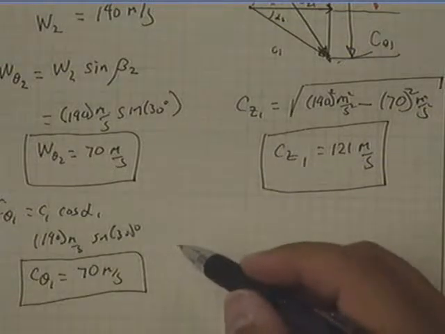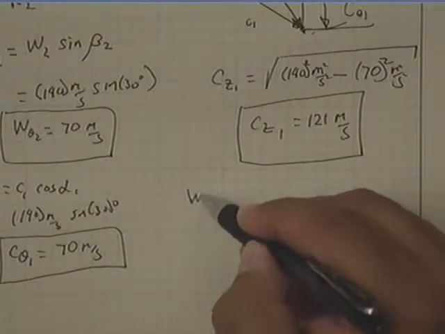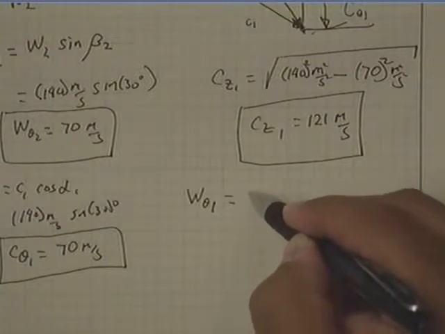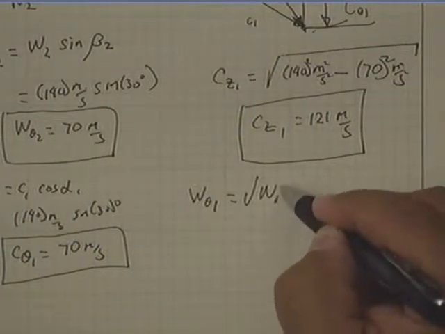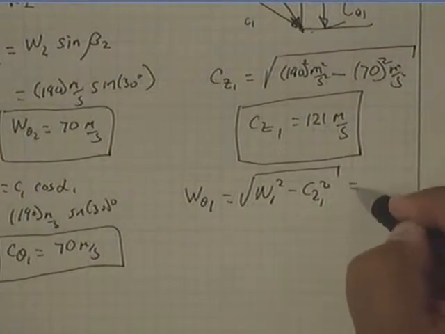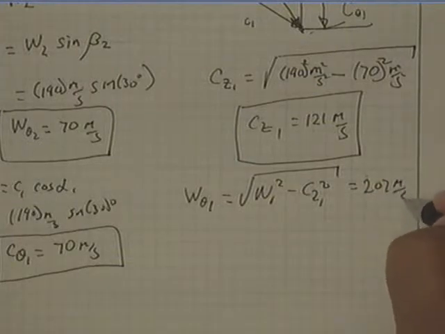There are several ways you can do that. One way is just to continue on getting the rest of the tangential components. W theta 1 is going to be the square root of W1 squared minus CZ1 squared, and I get this to be 207 meters per second.